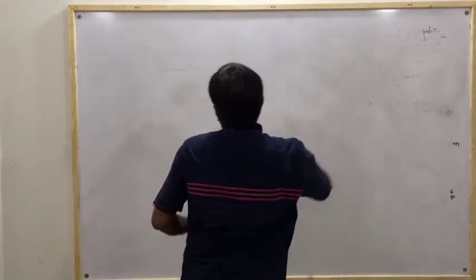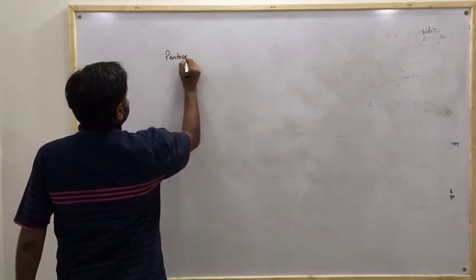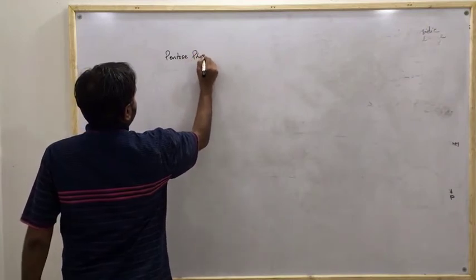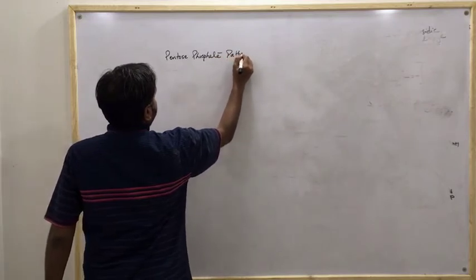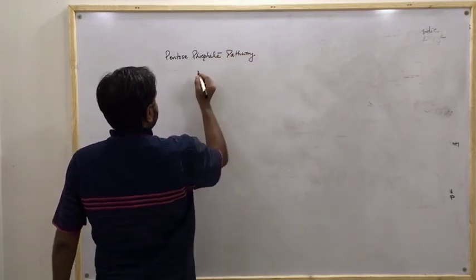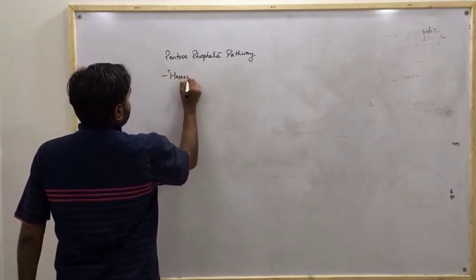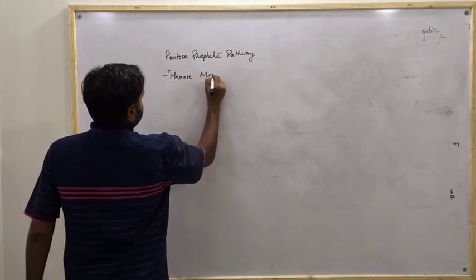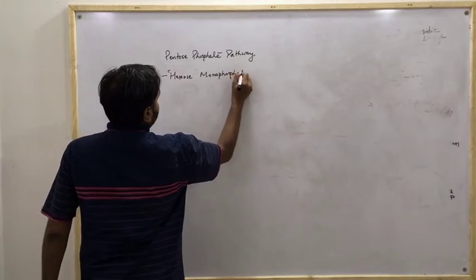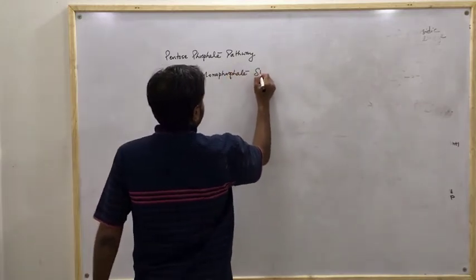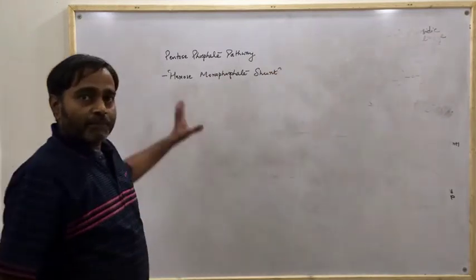Now we will see the next pathway, which is the pentose phosphate pathway, and it is also an anabolic process. It is also called the hexose monophosphate shunt or pathway.